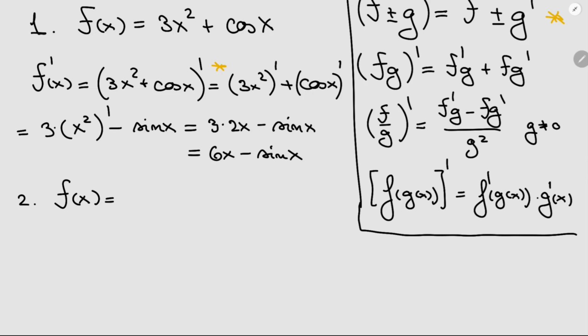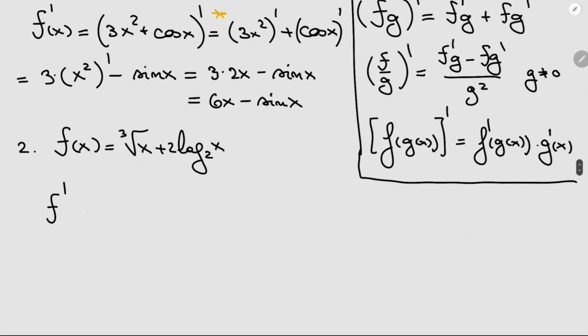So we want to calculate the derivative of the cube root of x plus twice the logarithm in base 2 of x. So once again, using the first formula, we only have to compute the derivative of each term. So the derivative of the radical, and the derivative of the logarithm.